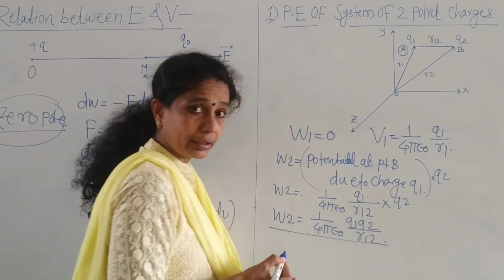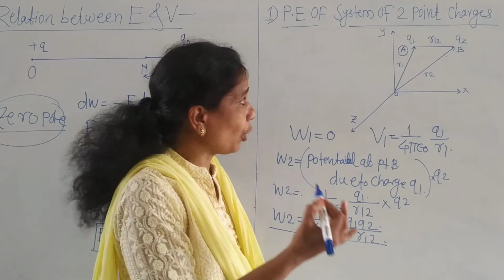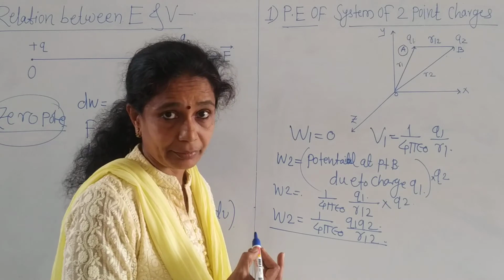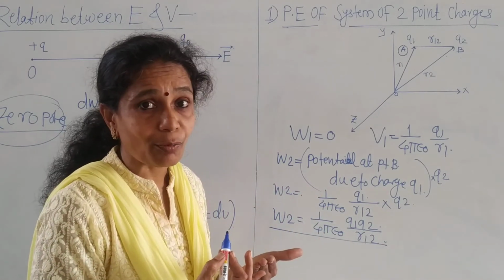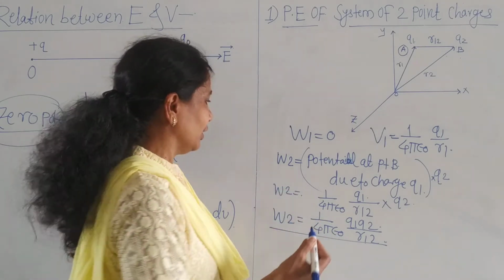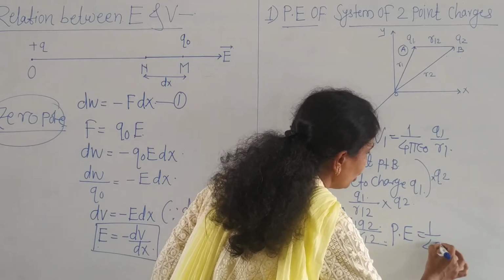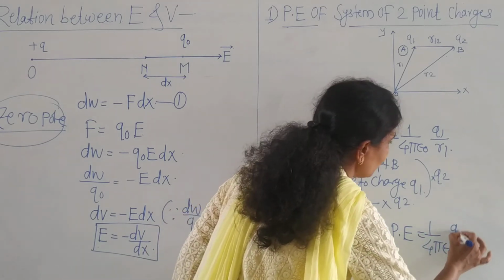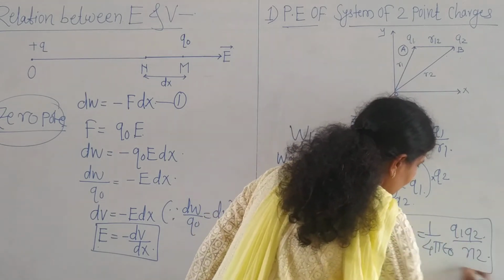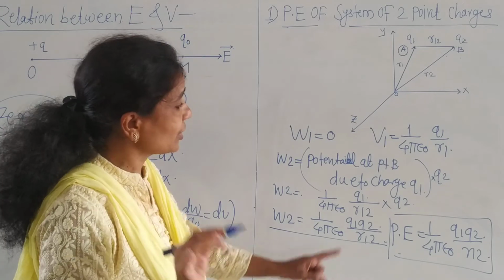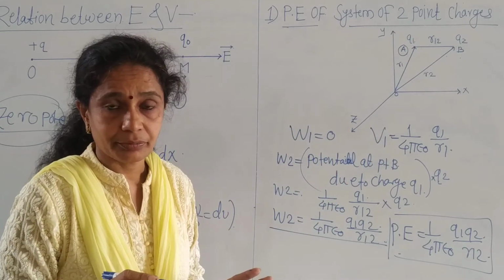This is the work done to bring the charge Q2 from infinity to the point B. Now, as the work done is stored in the form of energy, the potential energy is equal to 1 upon 4 pi epsilon 0 Q1 Q2 upon R12. This is the equation of potential energy of a system of 2 point charges.